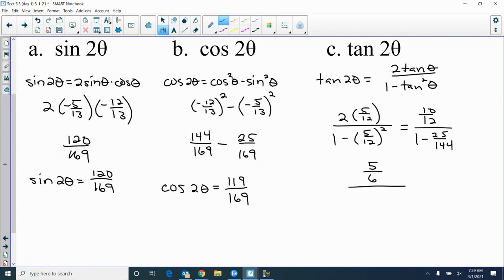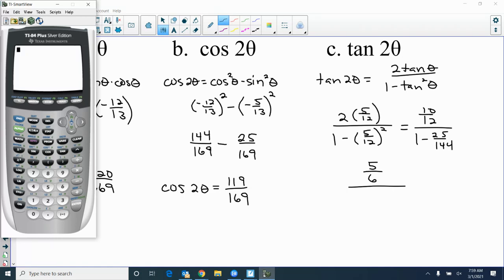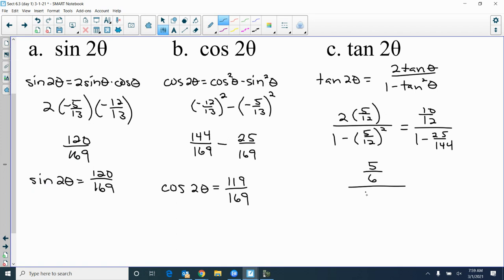Okay. Well, 1 is 144 over 144. So if I just subtract 25, I get 119 over 144.